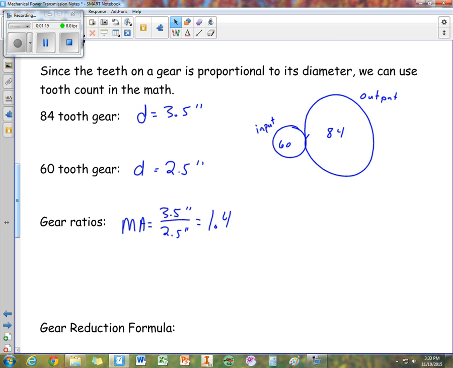Notice, however, if I did 84 divided by 60, I get 1.4 also.